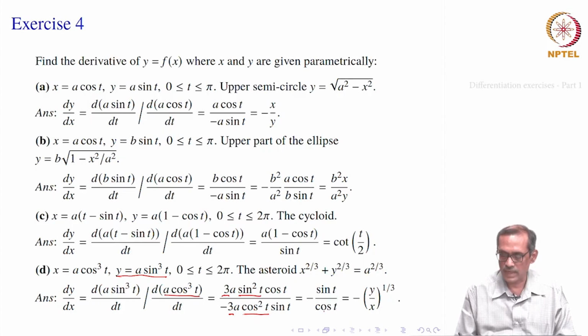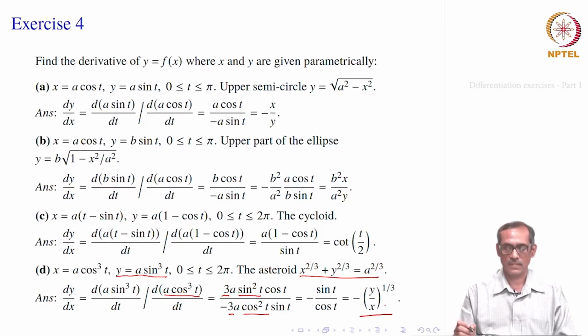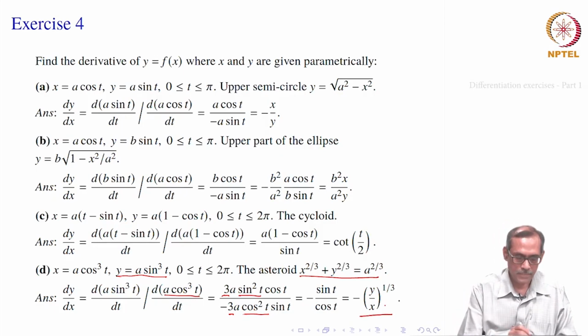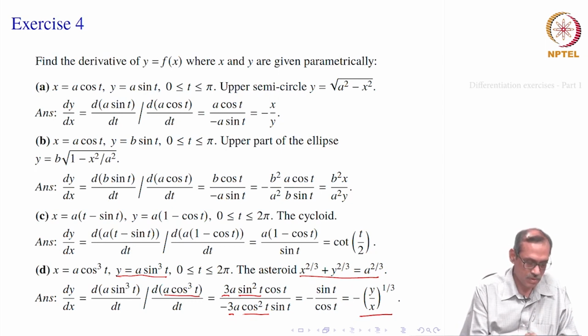So, you get minus sin t by cos t, which you can express also in terms of y by x. Now, this is a nice one to verify directly. If you use implicit differentiation, differentiate this equation directly, you should also get the answer, which you can try. Okay. So, we go to the next problem.